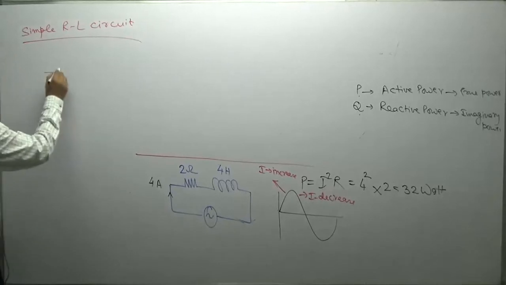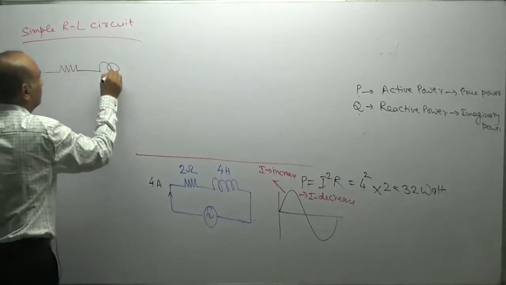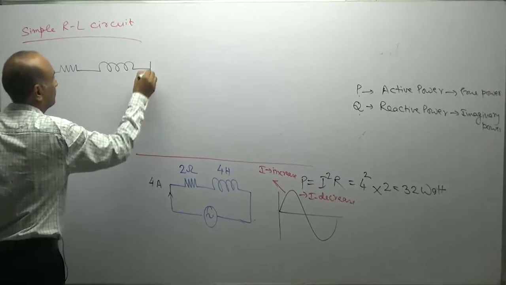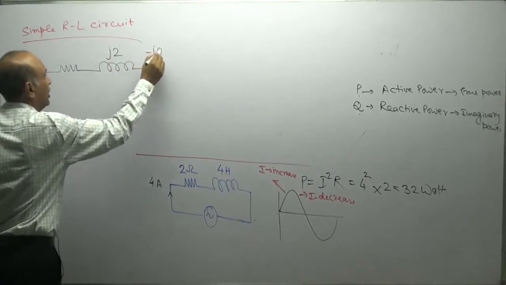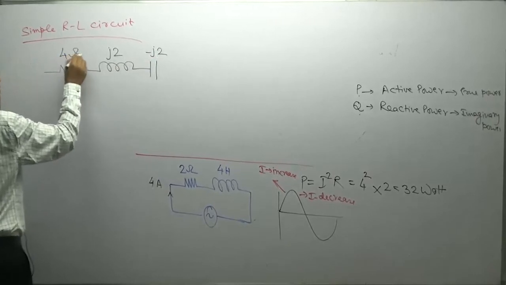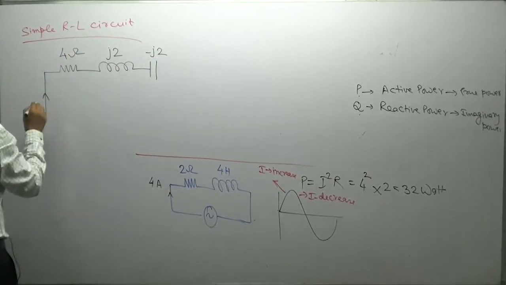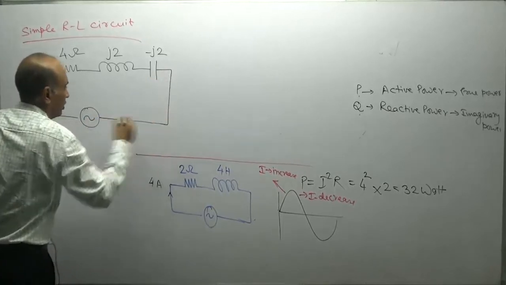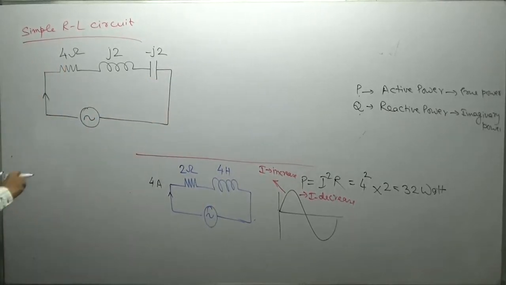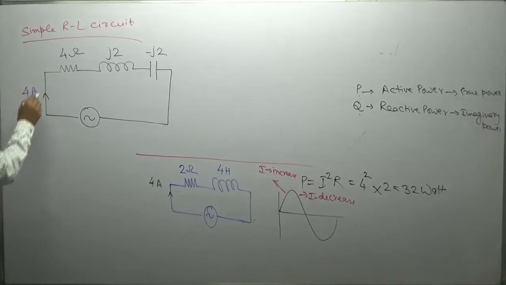Now suppose it is an RLC circuit. It is j2, minus j2, and 4 ohm, and suppose the current is 3 ampere.